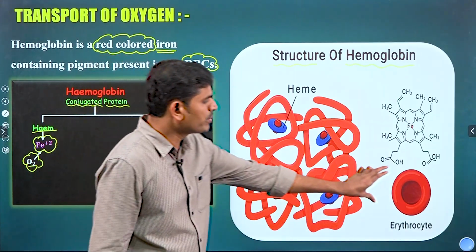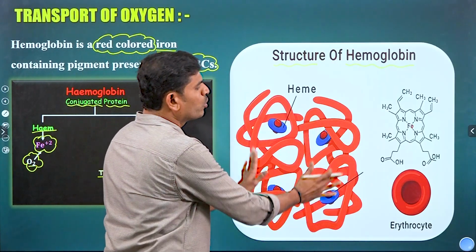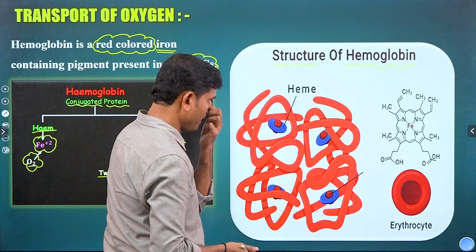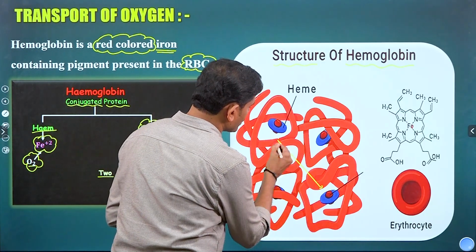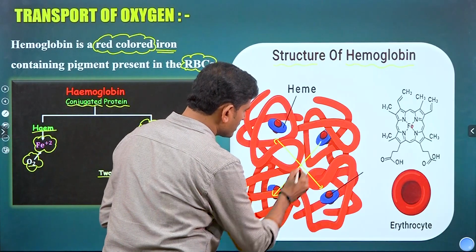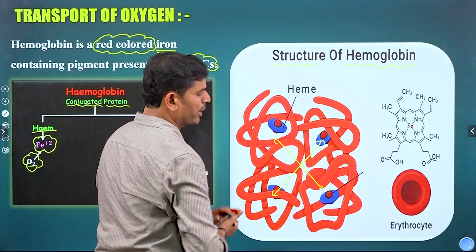This is the RBC. This RBC contains hemoglobin. This is the structure of one hemoglobin molecule. The opposite chains have similar structure: alpha 1, alpha 2, beta 1 and beta 2 chains.